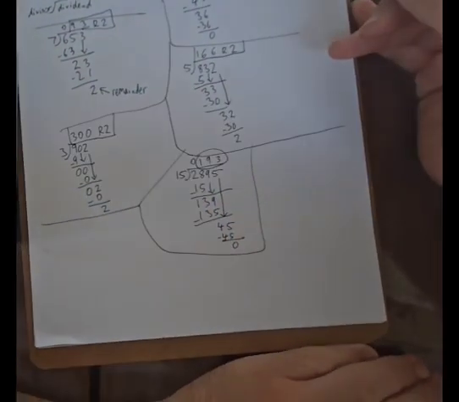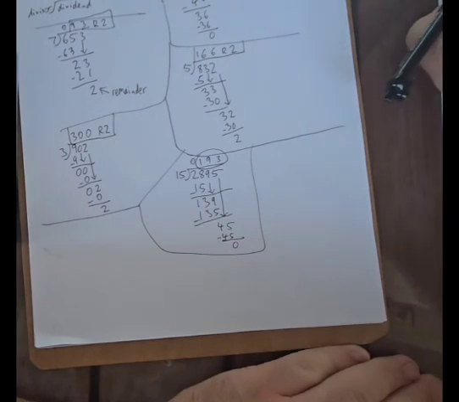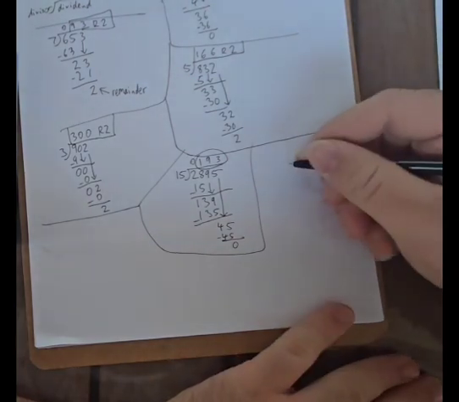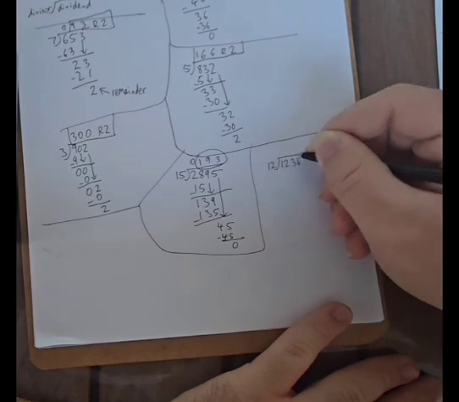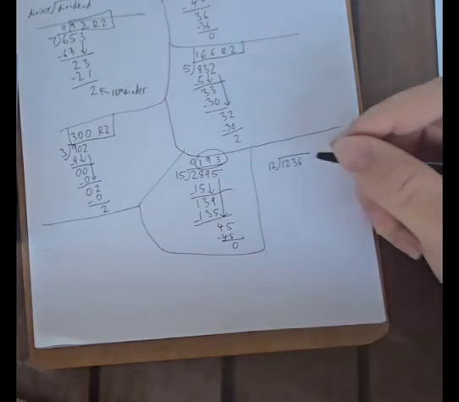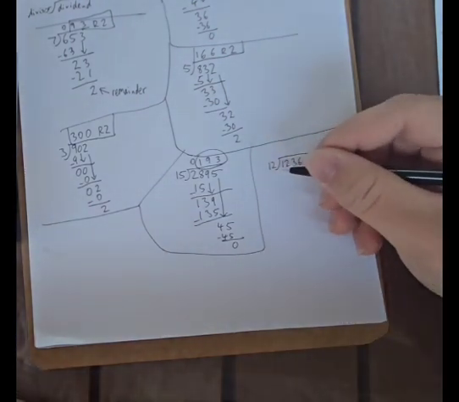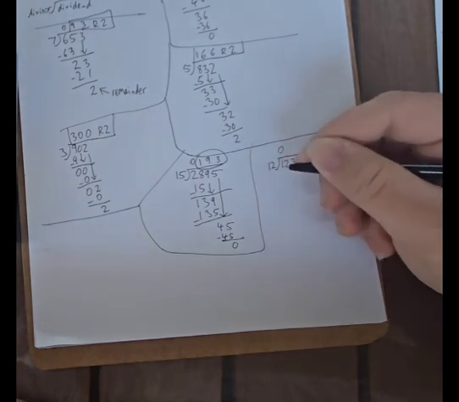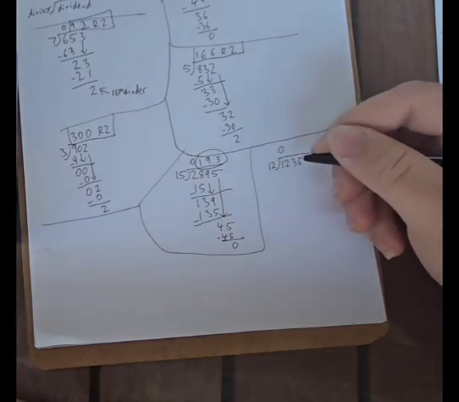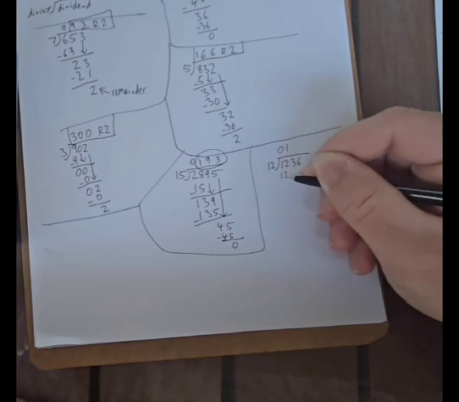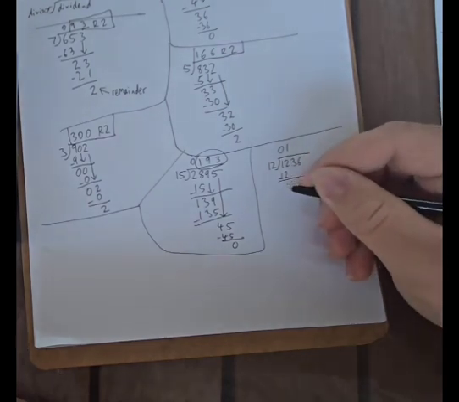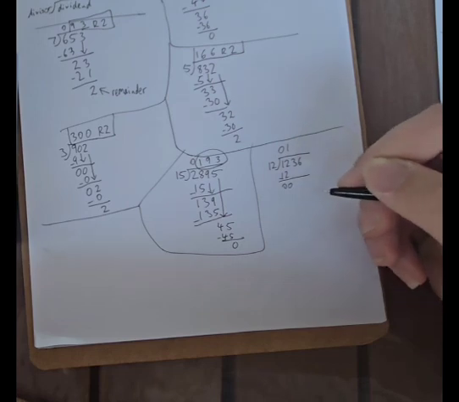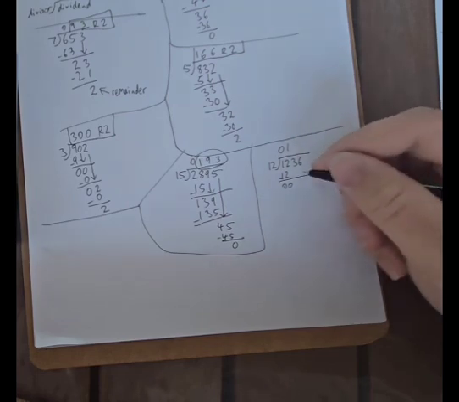Let's do another example like this. So let's do 1,236 divided by 12. So how many times does 12 fit inside a 1? None, obviously. What about into 12? Exactly once. So 1 times 12 is 12. And we just get 0. Then we pull the 3 over here.